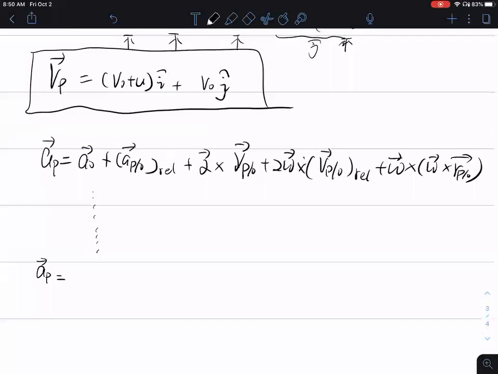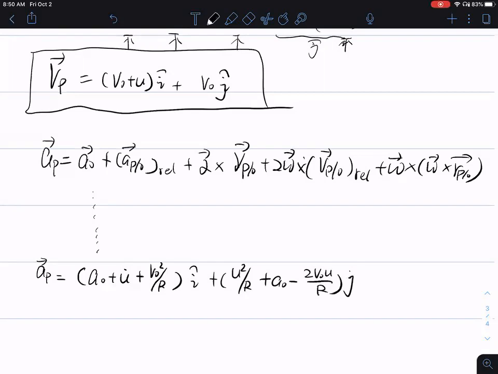So a_P, if you convert all the coordinate systems into little i and little j, and combine all the terms, you will end up with a_O plus u dot plus v_O squared over r. That's our i component. Plus u squared over r plus a_O minus 2 v_O u divided by r. That's in the j direction.